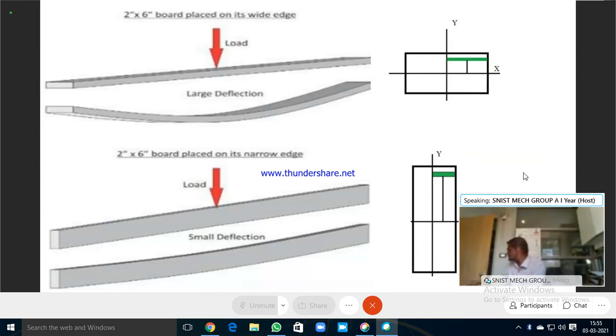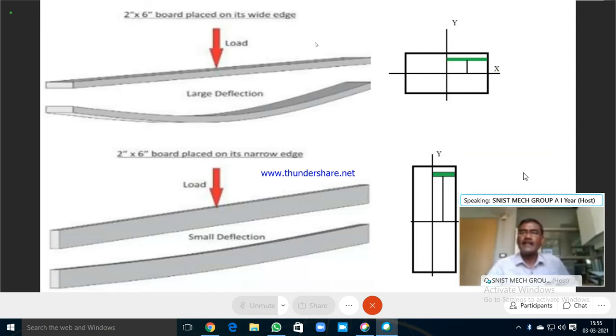Only change is orientation. So that orientation makes your moment of inertia value different, and that moment of inertia in second case is more, and that is the reason you have small deflections. You can observe that clearly given that small deflections. In first figure, large deflections. When a section is a beam is strong, you have small deflections.